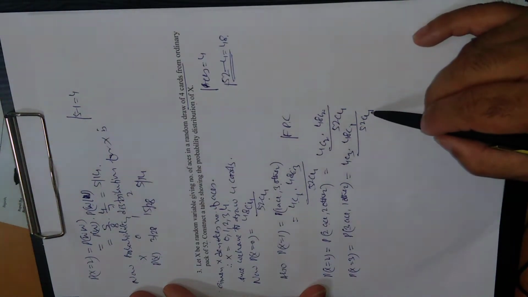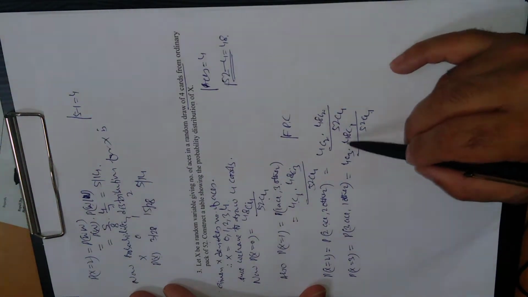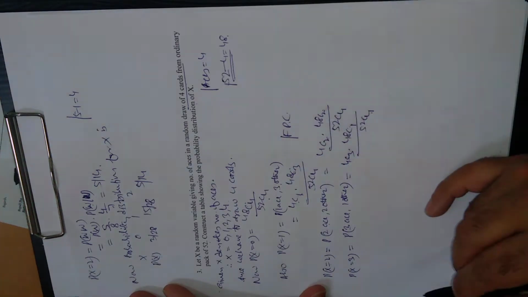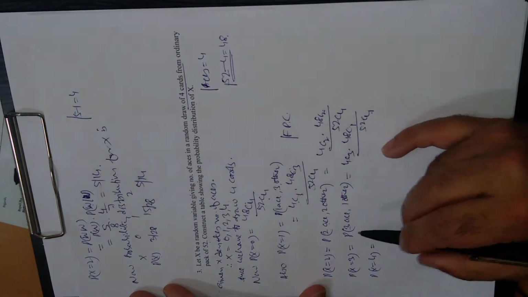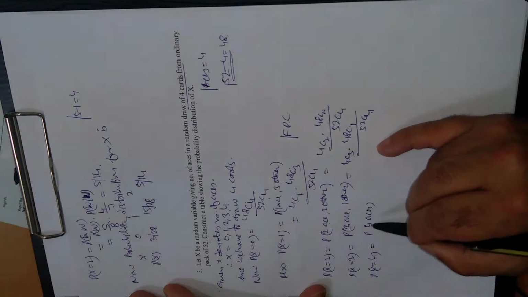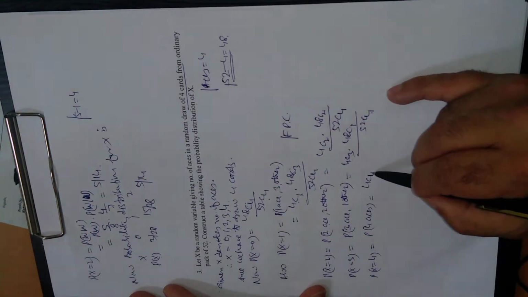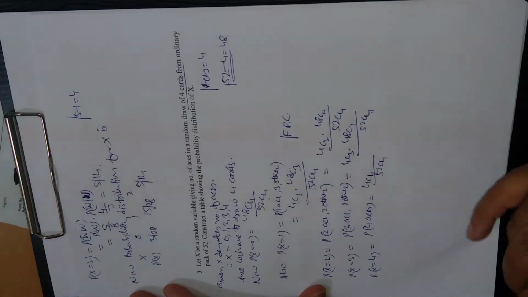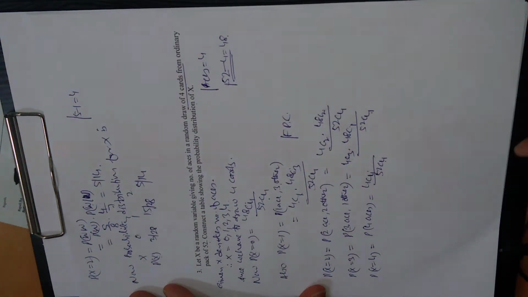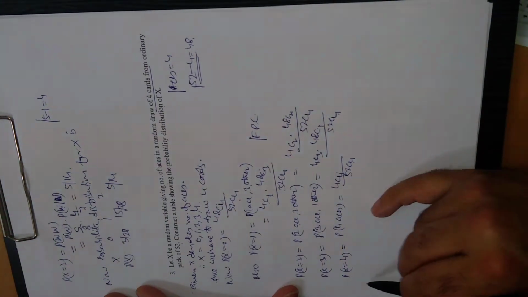These are favorable and these are total cases. And finally X is equal to 4. X is equal to 4 means 4 aces. 4 aces out of 4 can be selected in 4C4 way, and total cases are 52C4 ways.